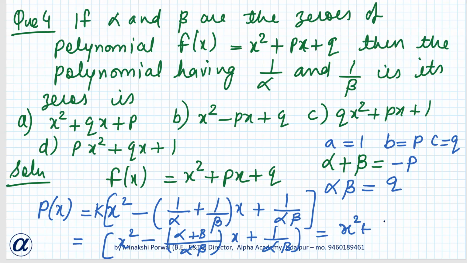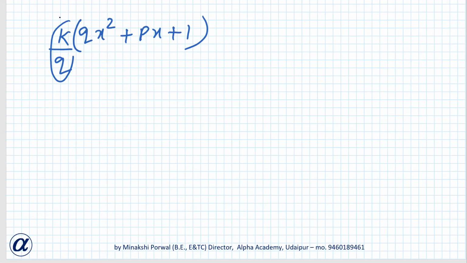So minus p upon q, alpha beta is q, into x plus 1 upon alpha beta, 1 by q. So this will be qx square plus px plus 1 and we can write this k upon q. So as in the options there is no k given, this is a constant, so we can ignore it. Option C is correct answer.